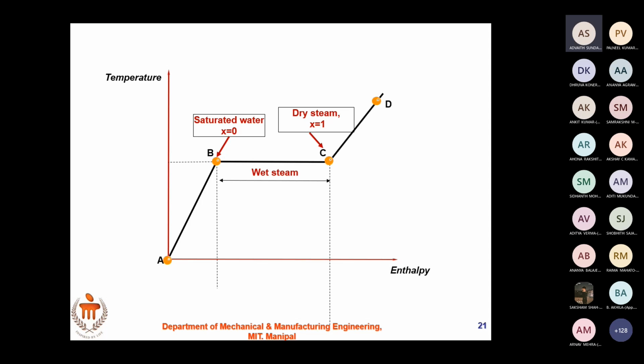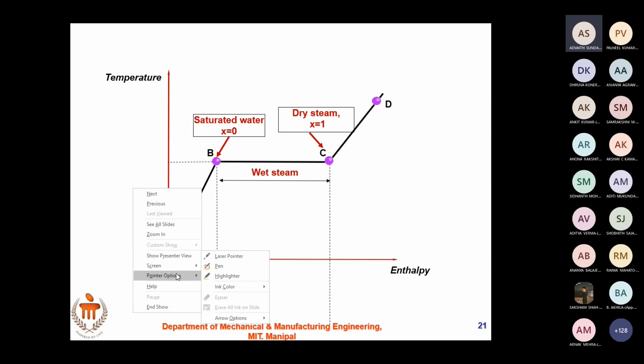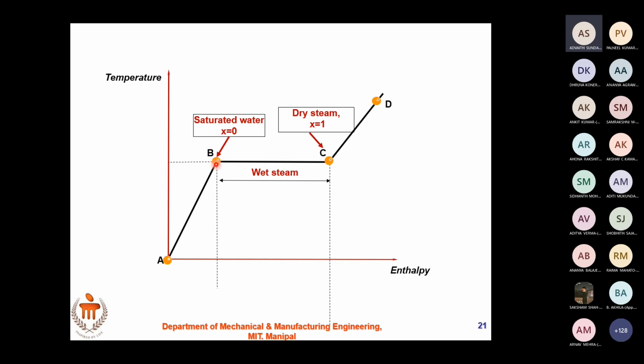As heat is added, the temperature of water will rise and it reaches B, which is the boiling point. The boiling point is also called the saturation temperature. If I have my point here, what is the state of that substance? Unsaturated water.